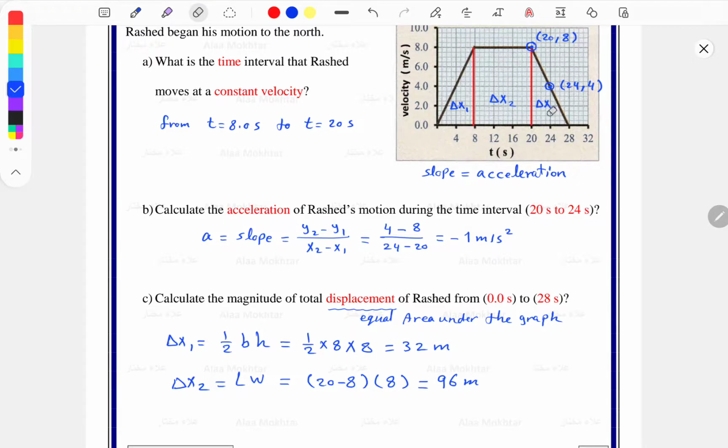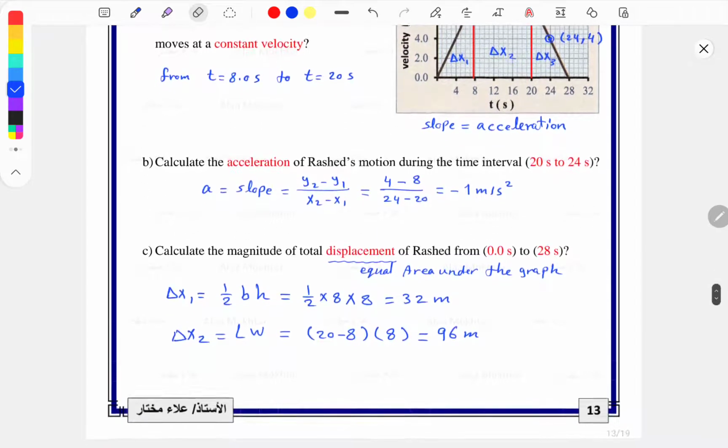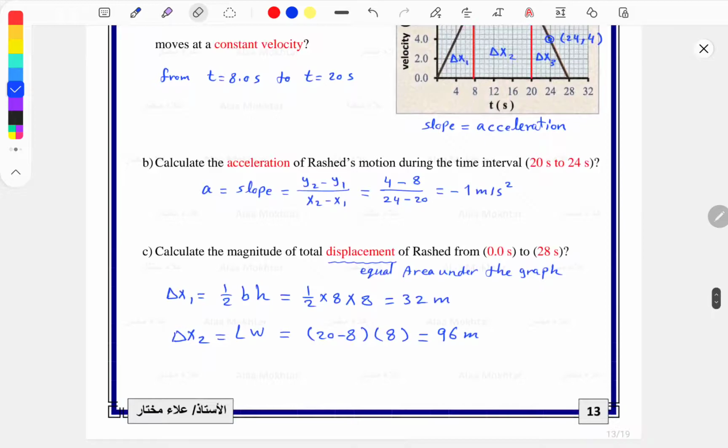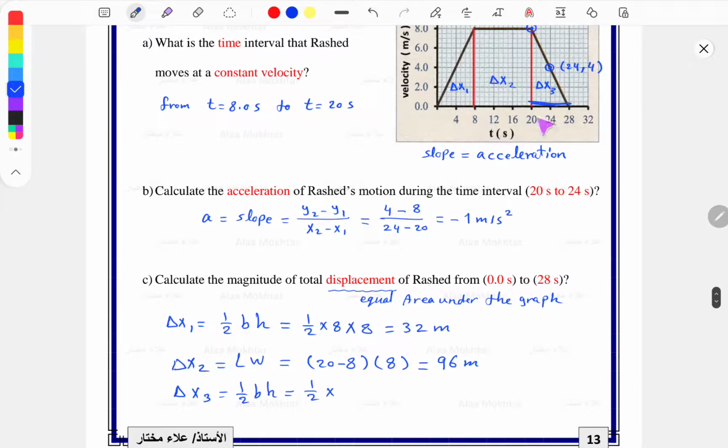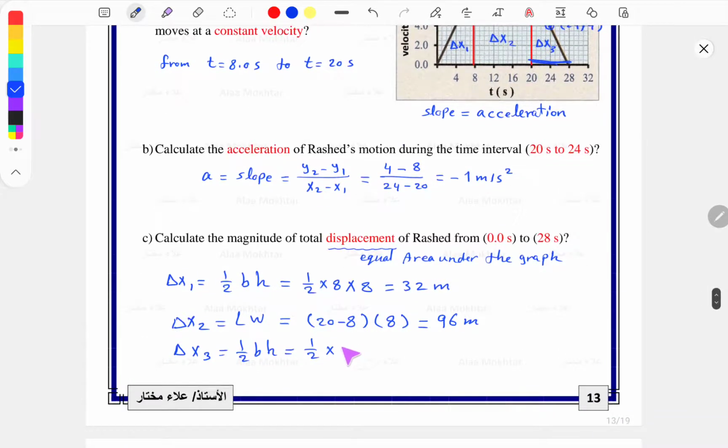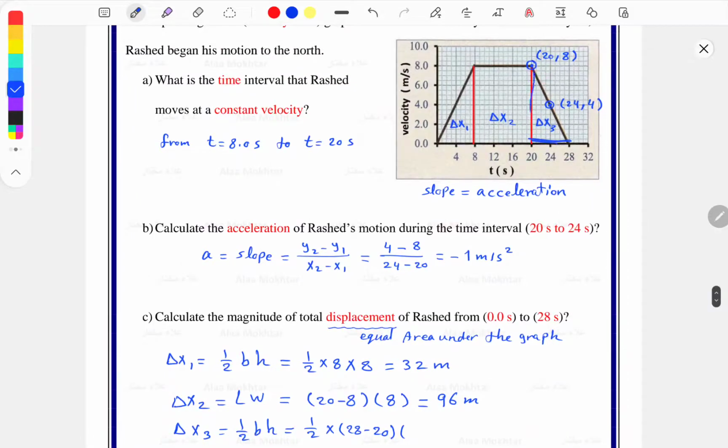The third displacement is a triangle again. So delta x3 equals 1/2 base times height, 1/2 times the base, which is 28 minus 20, multiplied by the height, the same height, 8.